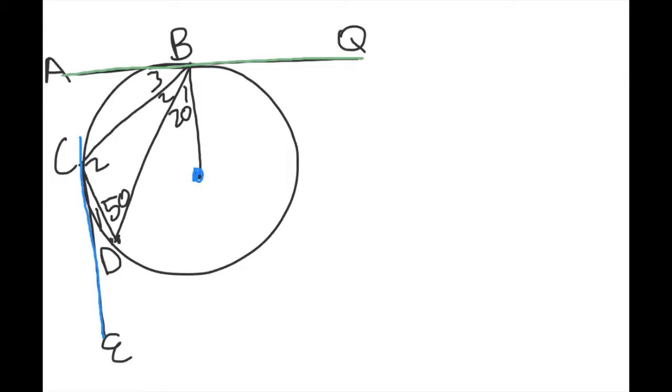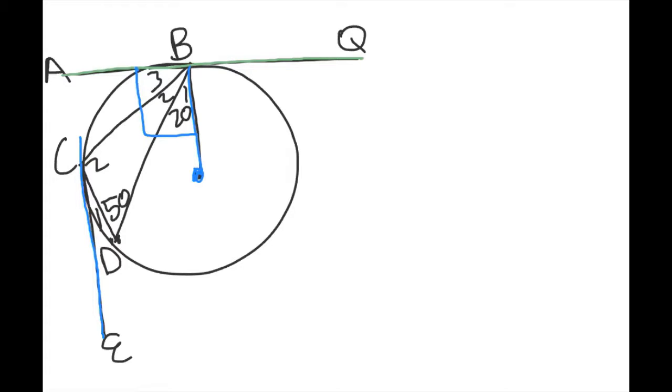If that point is a center, that means this blue line is the radius. And if it touches B on the green tangent, then this angle over here equals 90 degrees.